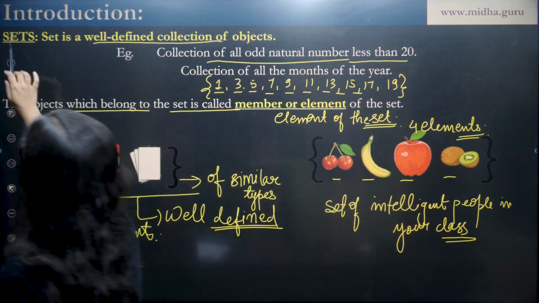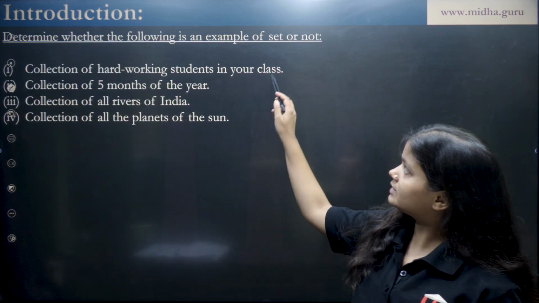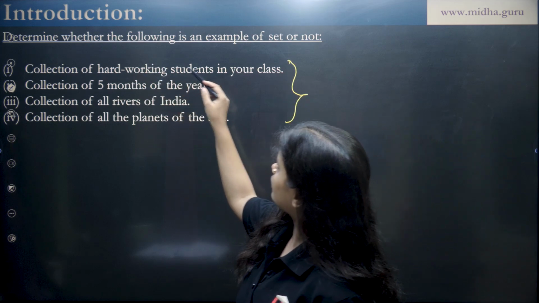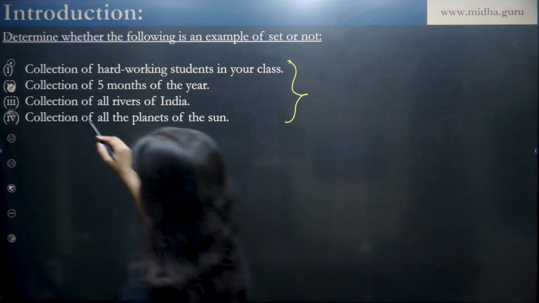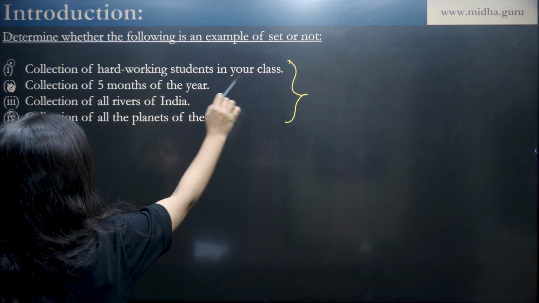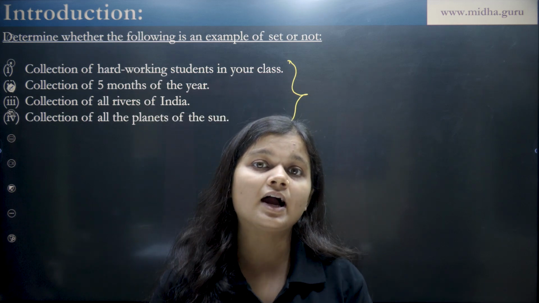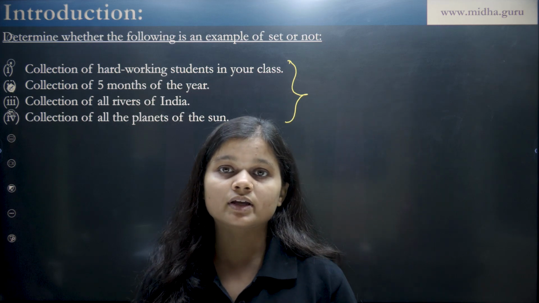Now let's move forward. We have to determine whether the following are examples of sets or not. Collection of hard working students in your class. Is this an example of a set? Can you decide who is hard working or who is not?